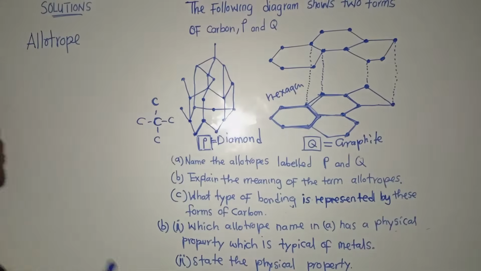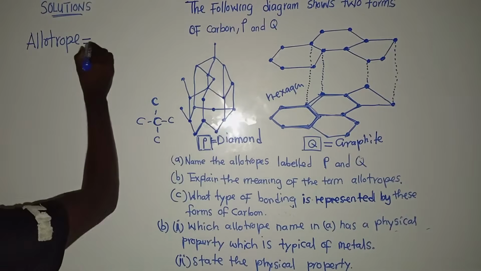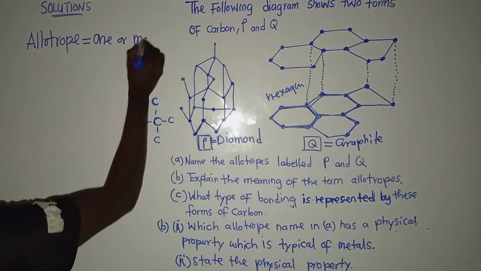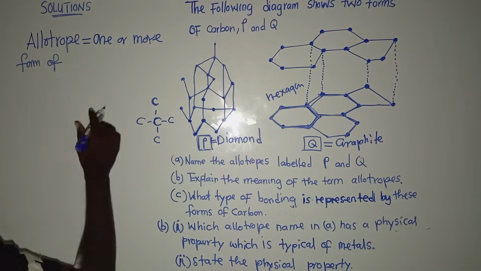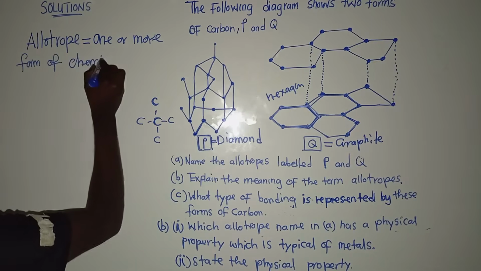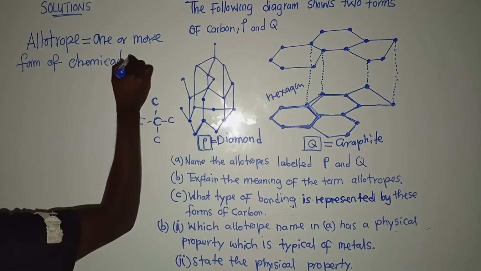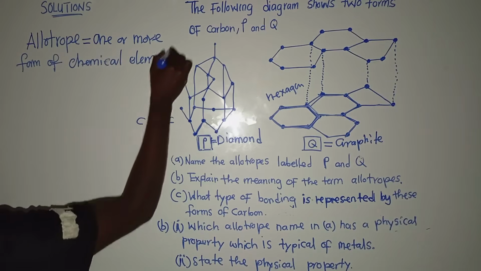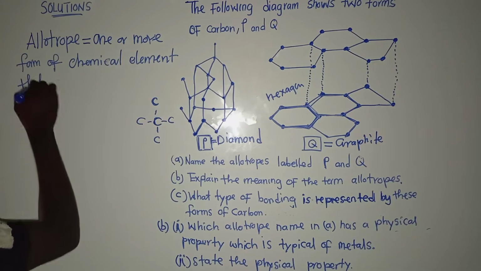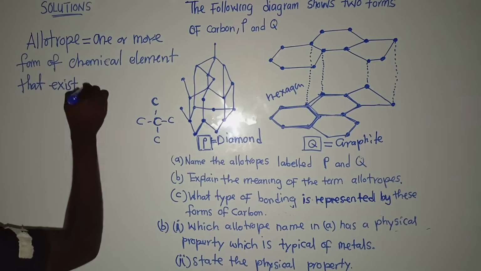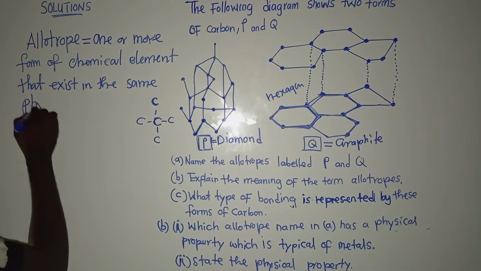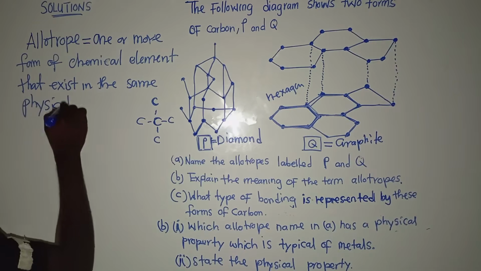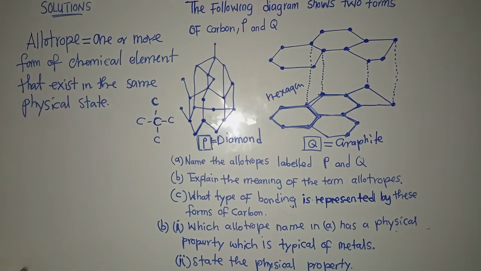Whenever we are talking about an allotrope, we are talking about one or more forms of a chemical element that exists in the same physical state. This is what you need to know when we are talking about allotropes.